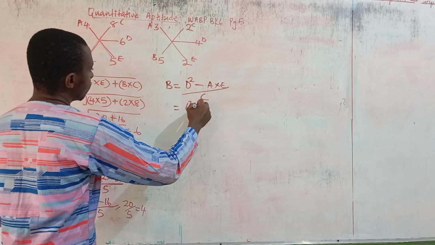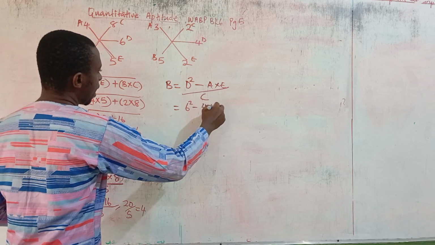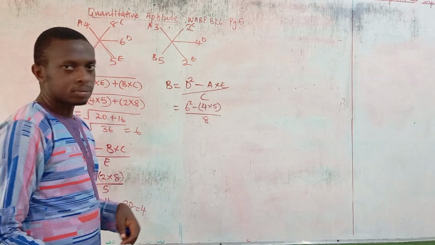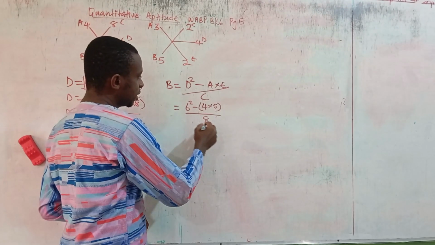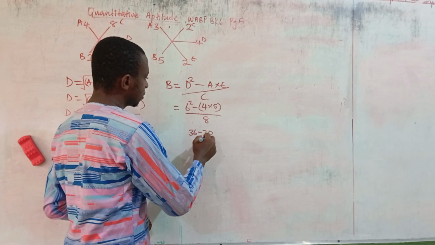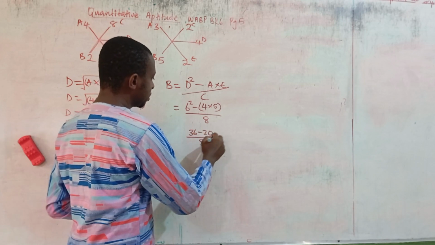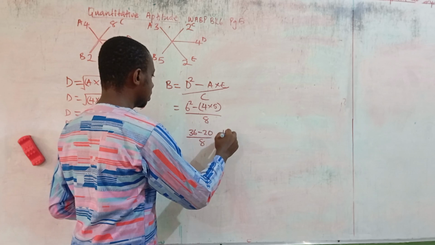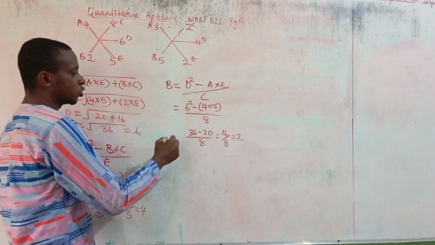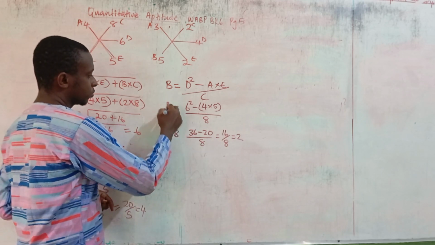Our A is 4 times 5. And our C is 8. So we have 36 minus 20 all over 8. And that's 16 over 8, which is equal to 2. So we can see here that B is equal to what? 2.